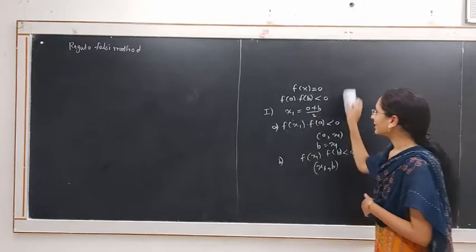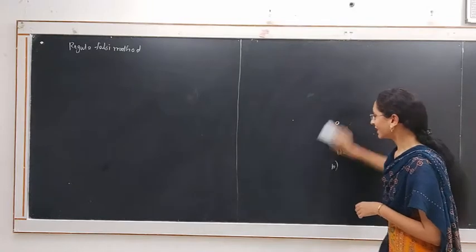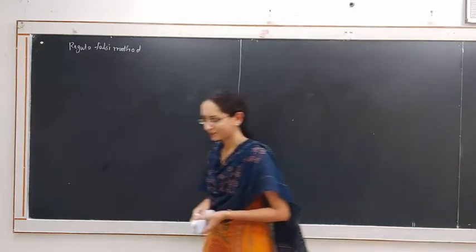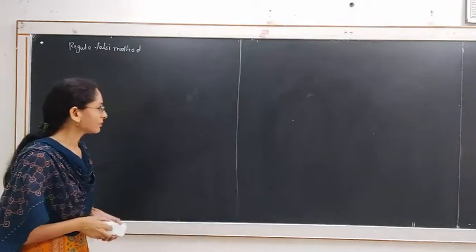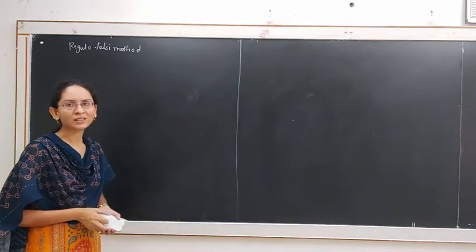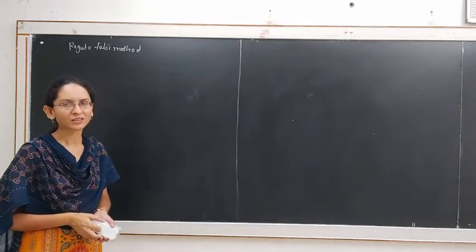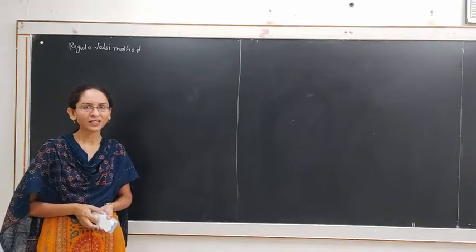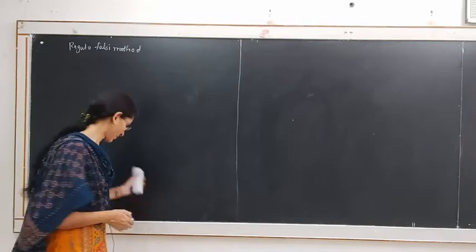Let us see another method of solving the equation, which may be an algebraic equation or a transcendental equation. In this method, we again use the same result: if a and b are two points such that f(a) times f(b) is negative, then the root will lie between a and b.